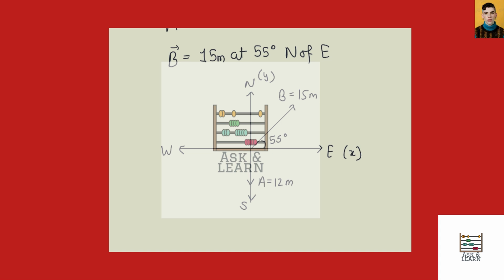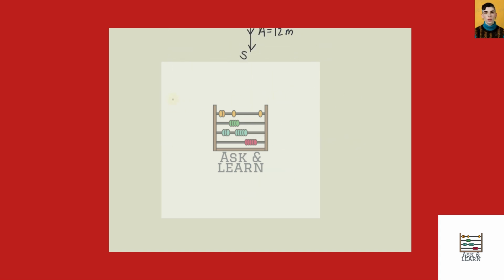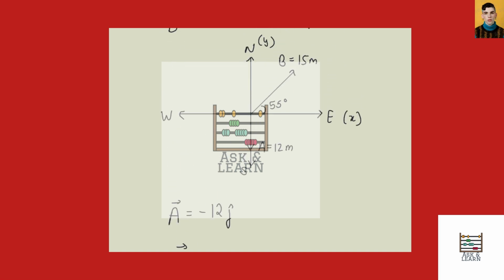So we have to resolve the vectors. We can write vector A as equal to minus 12 j cap, because it is pointing in the negative y direction, so that is minus y, and j is the unit vector along the y direction. And vector B we can write by resolving the components.